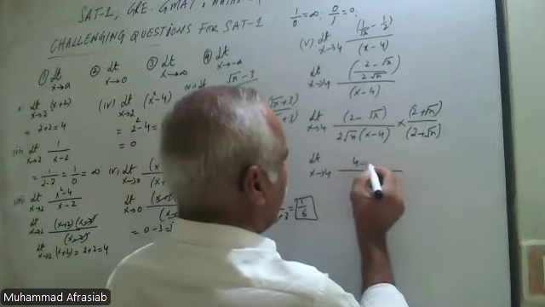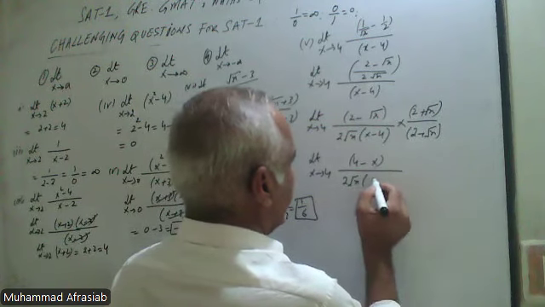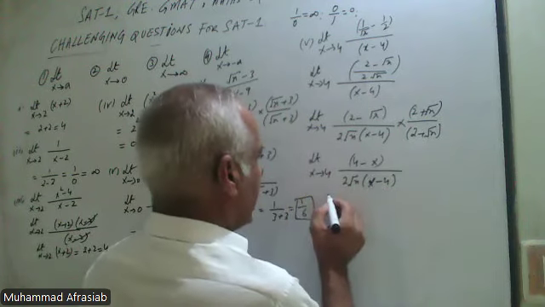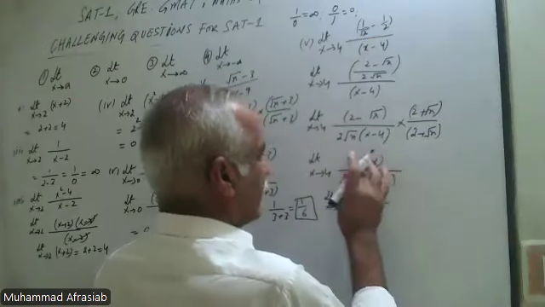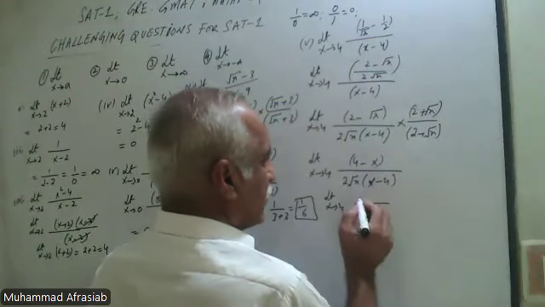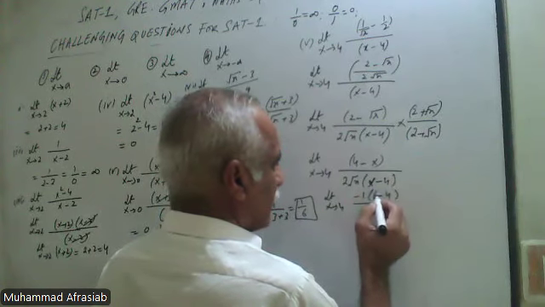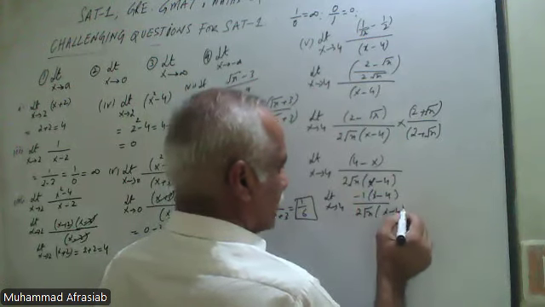That should be equal to 4 minus x over 2 root x into x minus 4. But this is 4 minus x and it is x minus 4, so minus 1 is taken common. So it becomes x minus 4 over 2 root x into x minus 4.